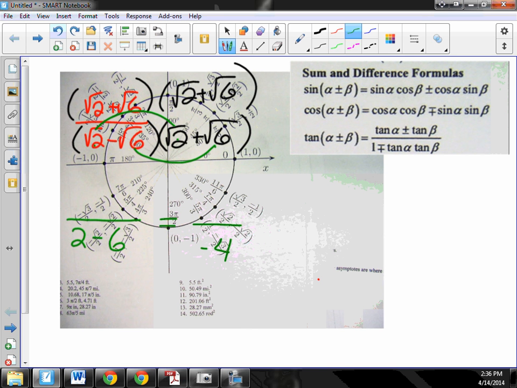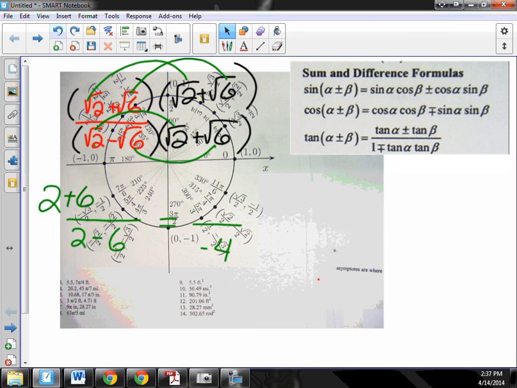Now on top, are we going to have a cancellation? No. We're going to have to multiply it all the way out. But we kind of know the pattern. It's going to be first times first plus double the first times second plus the second squared. So this times this is just going to be 2. And this times this is just going to be, so 2 plus 6.